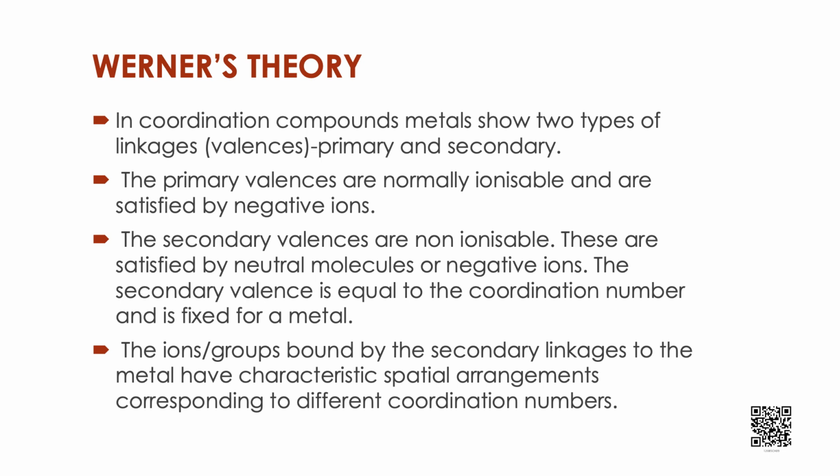The ions or groups bound by secondary linkages to the metal have characteristic spatial arrangements corresponding to different coordination numbers. He further postulated that octahedral, tetrahedral and square planar geometrical shapes are more common in coordination compounds of transition metals.